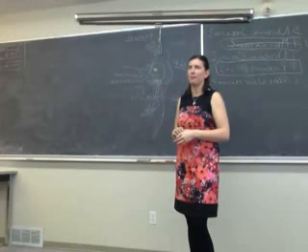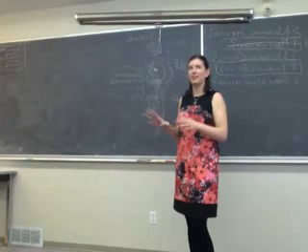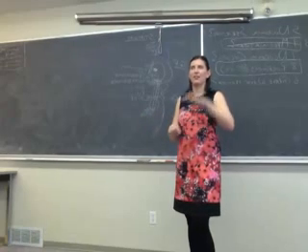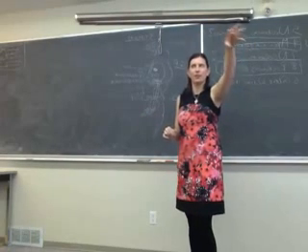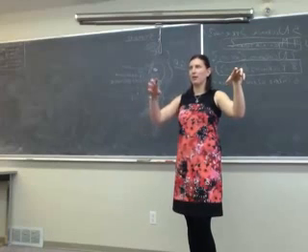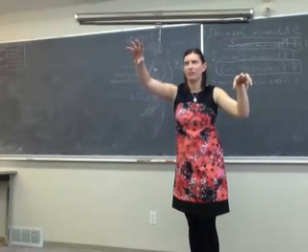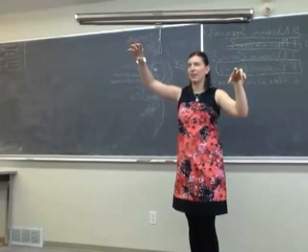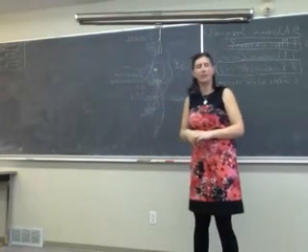Does that all make sense to you? Does it make sense that through depolarizing, sodium ions are coming in, and repolarizing, potassium ions are going out? Is that okay? Wonderful. Okay, that's one more done.